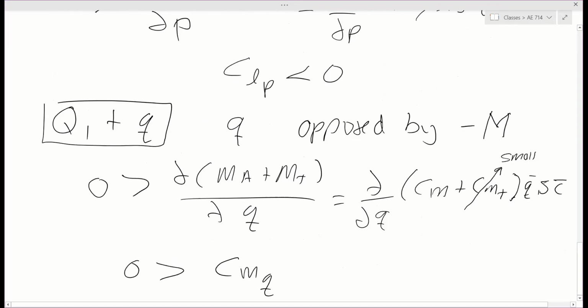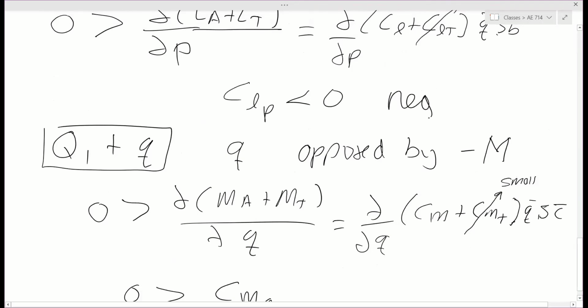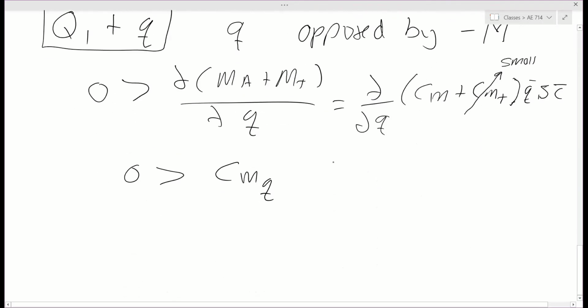These are all easy to remember because this is negative because it opposes the disturbance. This is negative because it opposes the disturbance. And the same deal with yaw rate.